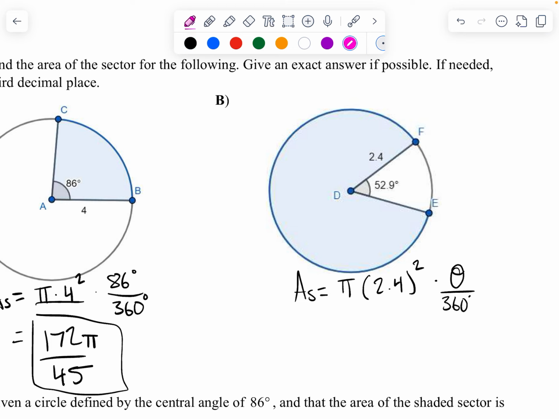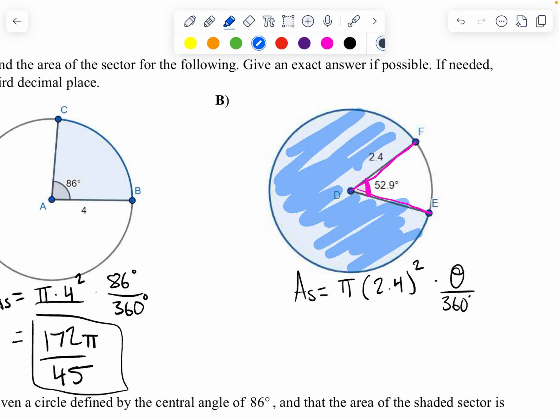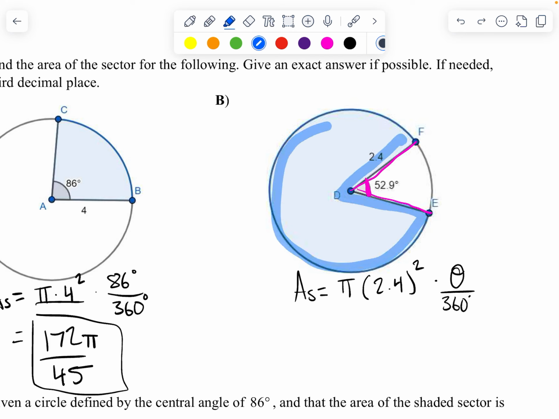Well, same idea as what we had for the arc length. That 52.9 is only that angle. My goal is to find all of this, right? I don't want any of the other pieces, right? If this is my goal, that 52.9 is literally the angle for everything except that.